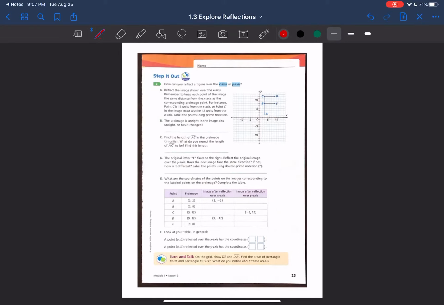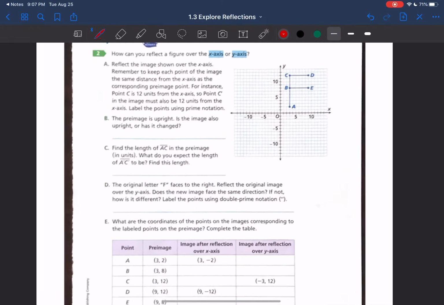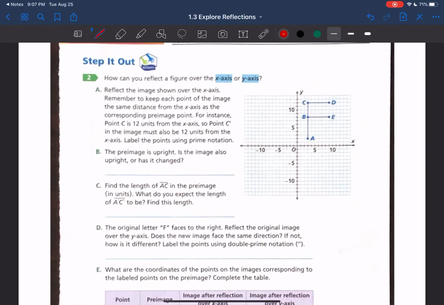So if we zoom in, we can see that point C is 12 above the x-axis. So the C prime, which is our image, must be 12 units from the x-axis. So the only way that that can occur is to go down into quadrant 4. So we want to keep it the same distance away.